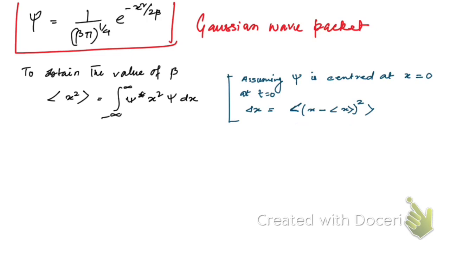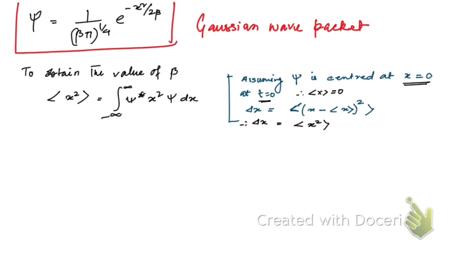So now, if we consider that the wave packet is centered at x equal to 0 when t is equal to 0, then the expectation value of x is going to be equal to 0, right? So in that case, del x is going to be equal to the expectation value of x square, because this is going to be 0.